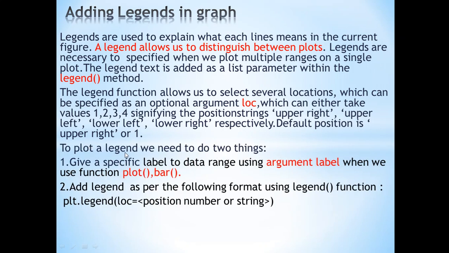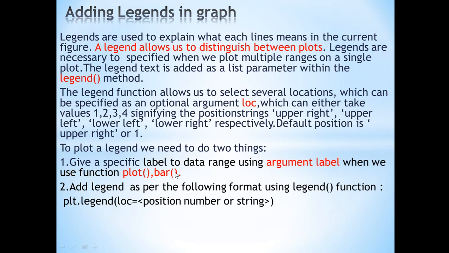So to plot a legend, we need to do two things. Whenever you are going to provide the legend for the graph, you have to do two things. What are these two things? First, give a specific label to a data range using the argument label when we use the function plot or bar.